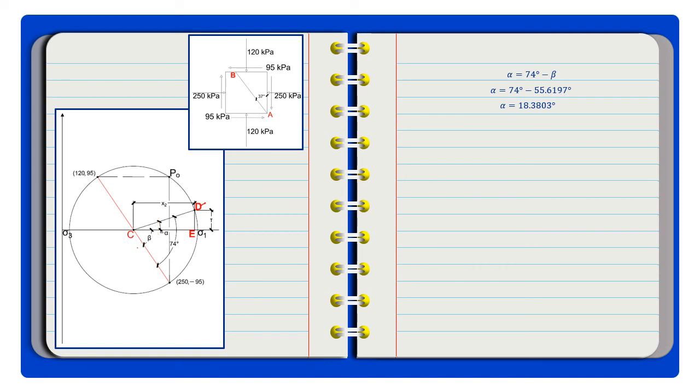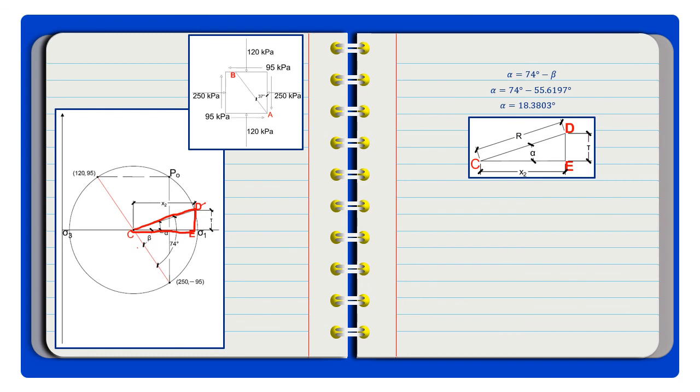So, we can now have this value of alpha. So, now, para makuha naman natin yung stresses na hinahanap natin on plane AB, we can get triangle CDE, which is ito yung na-form na triangle nung nag-ikot tayo ng 74 degrees. So, extracting that triangle from our Mohr's circle, ito yung CDE. So, ang unang-una nating pwedeng makuha dyan is yung tau.